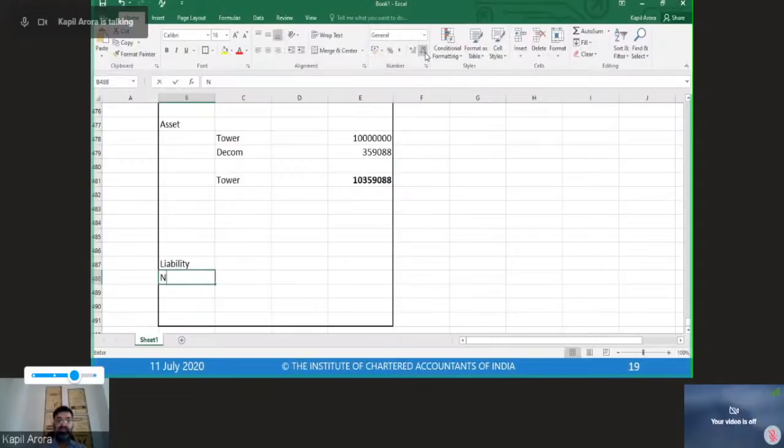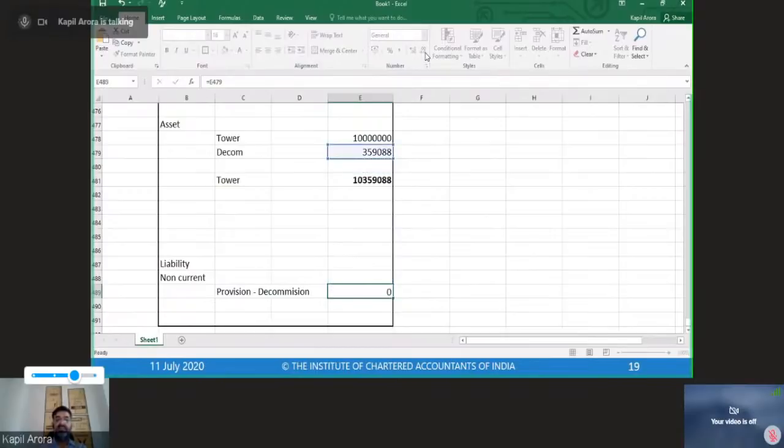So this amount is not yet been paid in liability side. Under non-current liability, we will create provision decommissioning. So this decommissioning would be coming here. Right? This decommissioning would be coming here. So present value, Kailash, if I talk about present value formula is 1 upon 1 plus R, which is rate of interest.